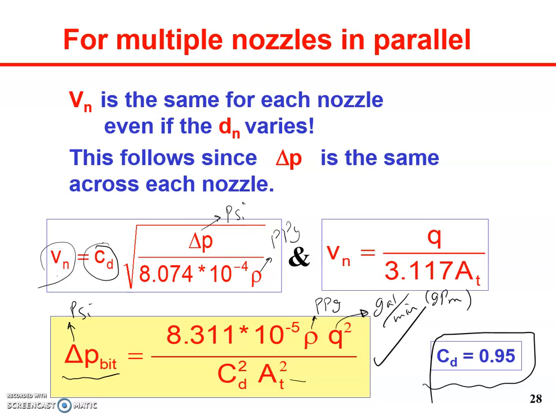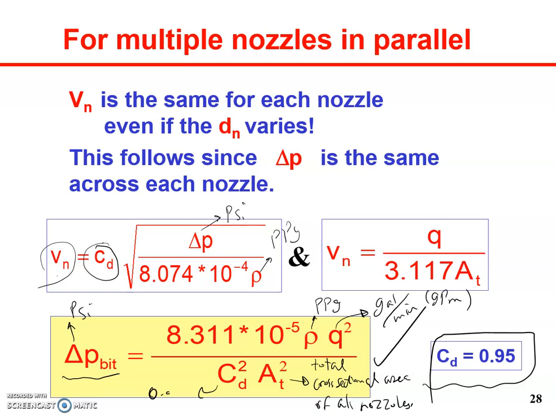A is the total cross-sectional area of all nozzles. Usually a drill bit has 3 nozzles, so you need to calculate the cross-sectional area of each nozzle, add them up, and this is that parameter. So this is the total cross-sectional area of all nozzles.